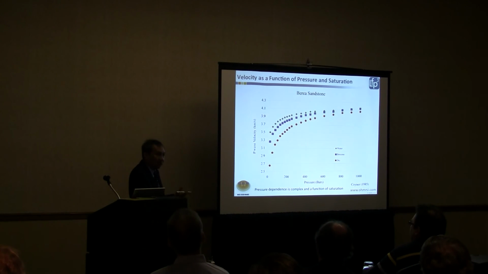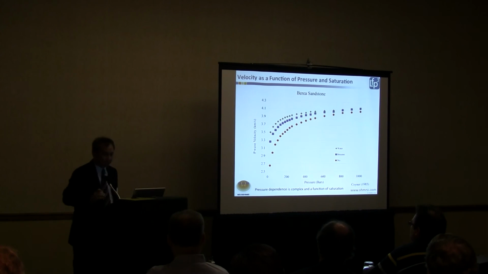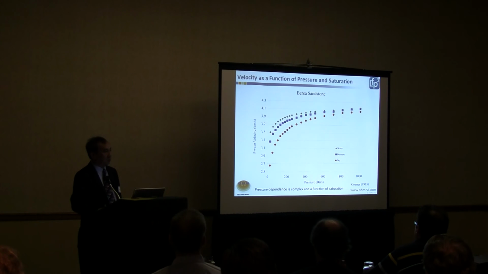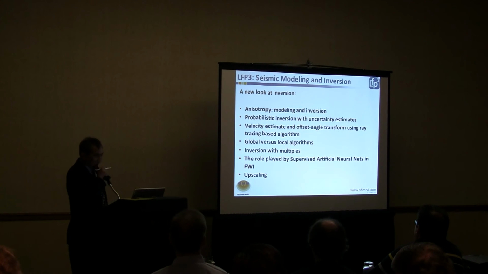When looking at 4D type problems, changing stress problems, we have to keep that in mind. There's no easy answers, but you have to realize you can see large changes just purely due to stresses.